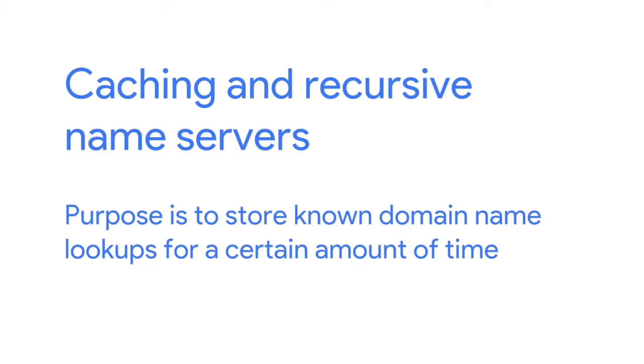Their purpose is to store domain name lookups for a certain amount of time. As you'll see in a moment, there are lots of steps in order to perform a fully qualified resolution of a domain name. In order to prevent this from happening every single time a new TCP connection is established, your ISP or local network will generally have a caching name server available.